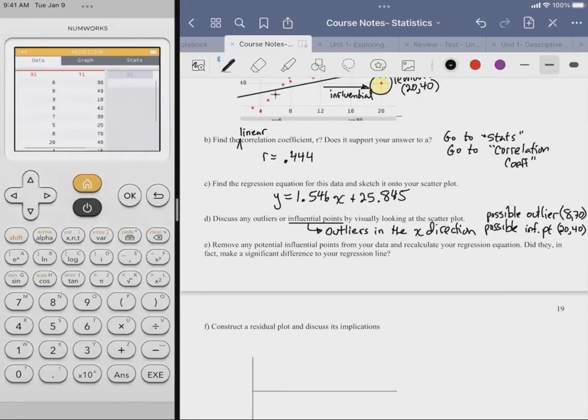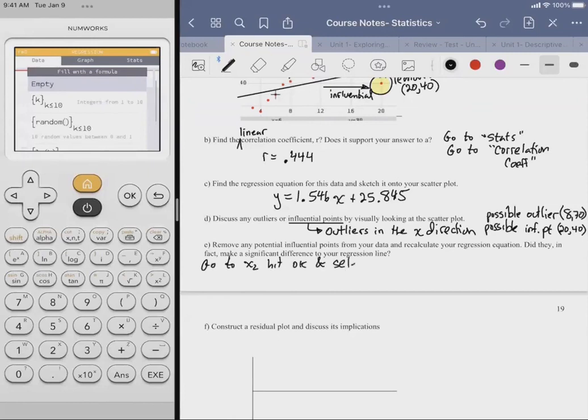One way, my preferred way, is to copy my information over into X2, Y2 so that I don't lose my original data set. If I hit OK on X2, you have an option to fill with formula. Let me just make a note: go to X2, hit OK, and select fill with formula.